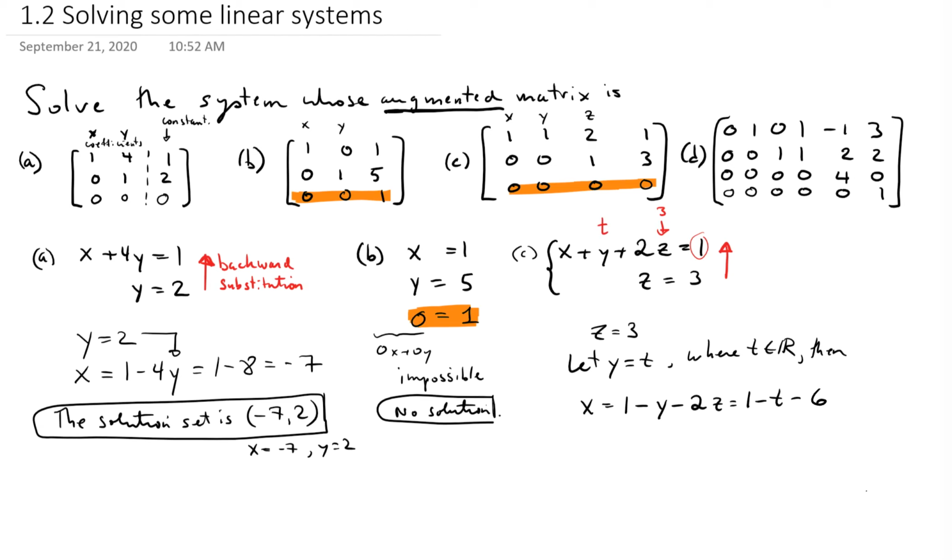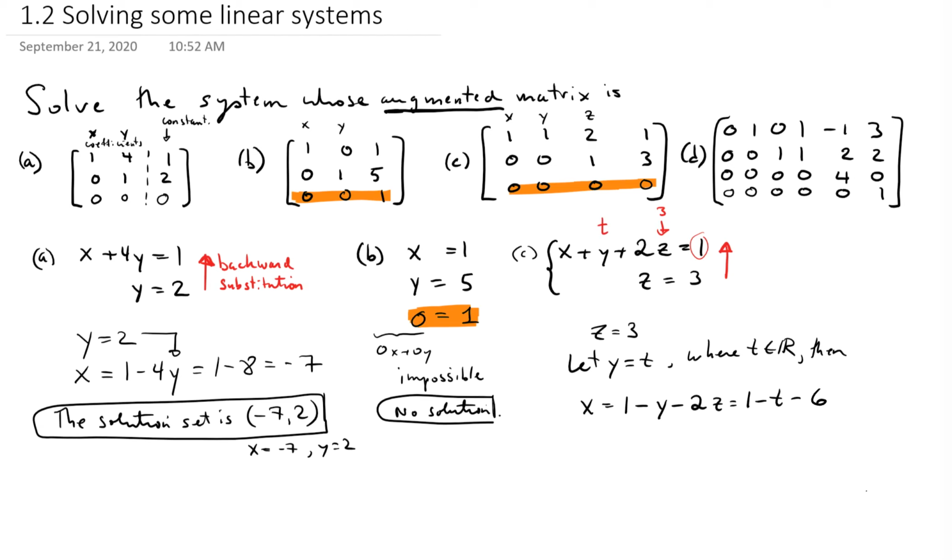This is what I had observed here when I was assigning values to Y. If I assign a value of 0 to Y, automatically X is going to be fixed. It's going to be minus 6. If I assign a value of minus 1, in that case, X is minus 5. Okay, so as soon as I fix the value of Y, X is fixed.